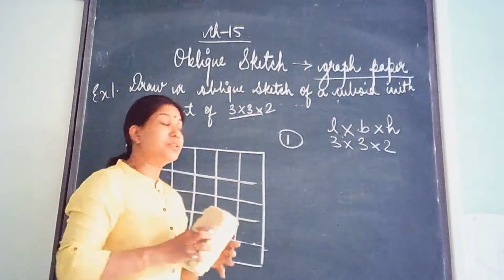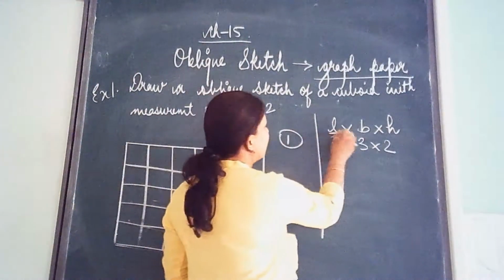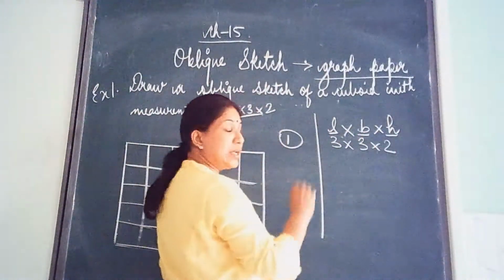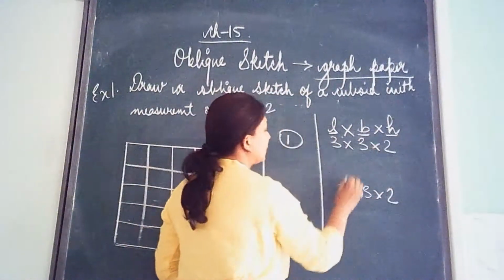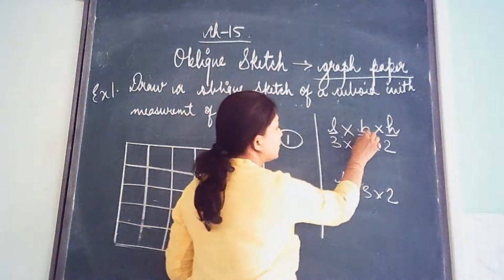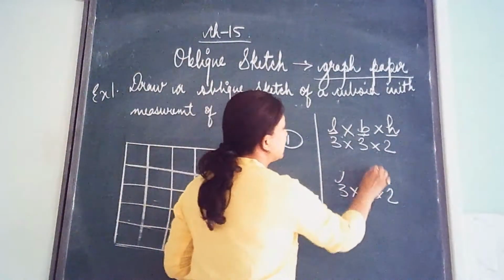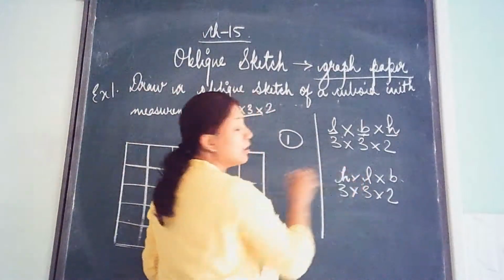Don't get confused. The first time you have taken length, breadth and height. The second time, write down the measurement again and start from here: this will be your length, this will be your breadth, and this will become your height.